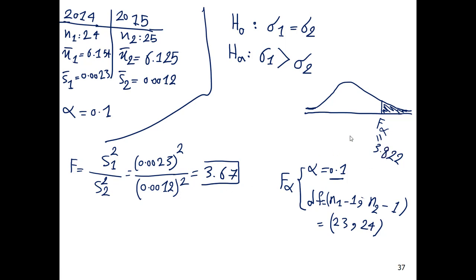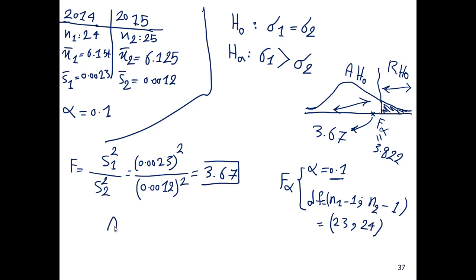Where is your F? Your F is somewhere here. This is the rejection of the null hypothesis area, and all of this is the acceptance of the null hypothesis. So your F is in this region.